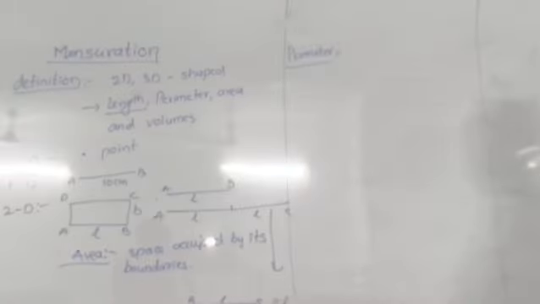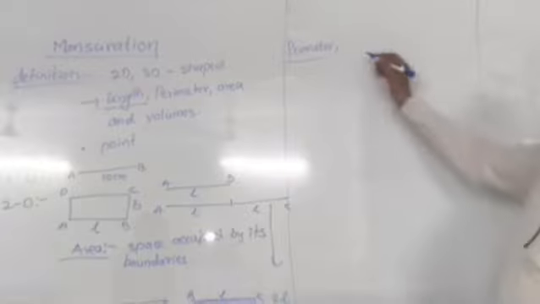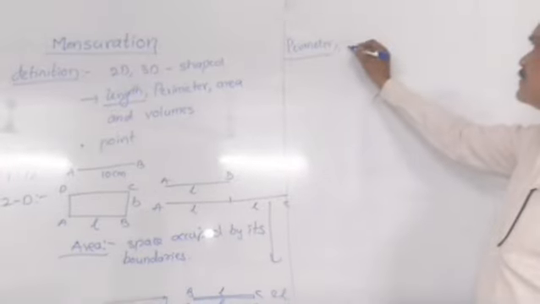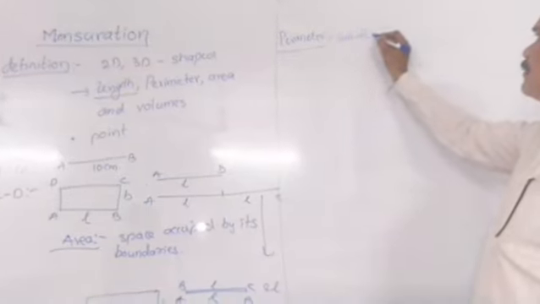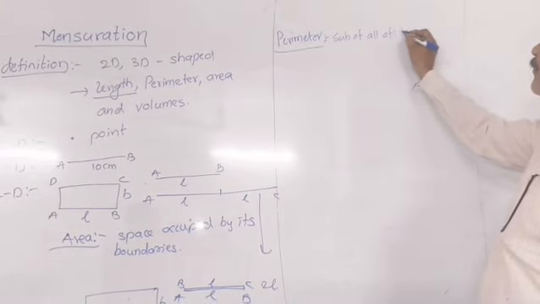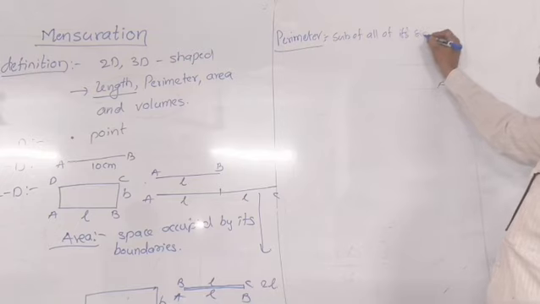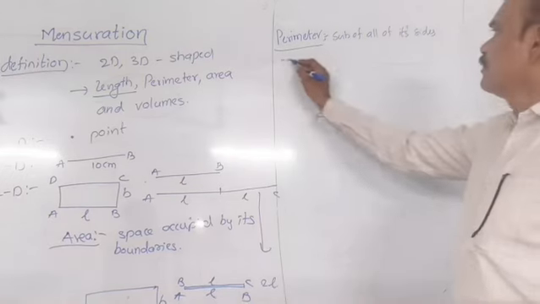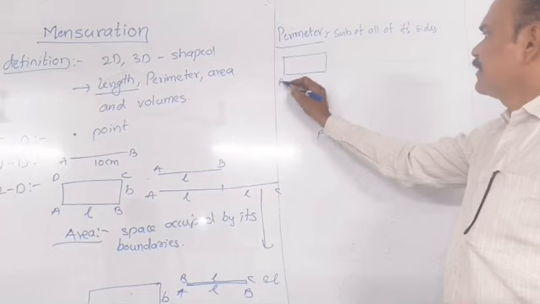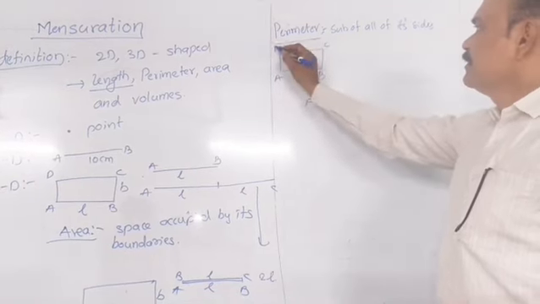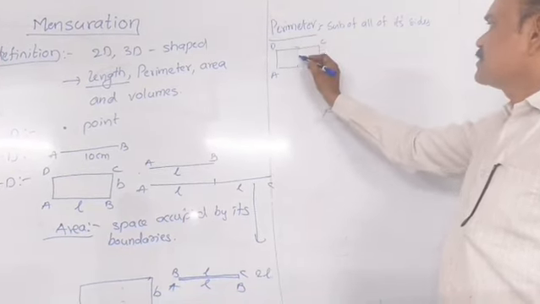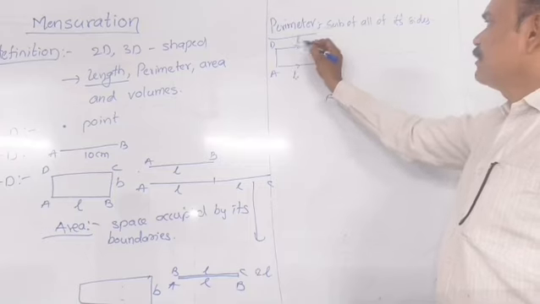Now, the perimeter of the rectangle. The definition of the perimeter is the sum of all its sides. In a rectangle ABCD, the opposite sides are parallel and equal.